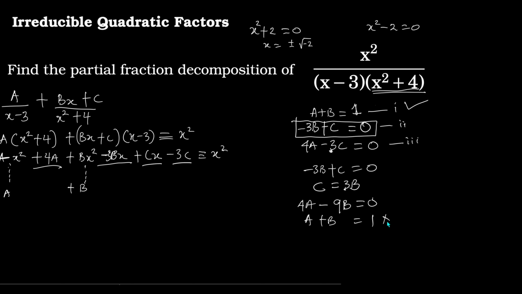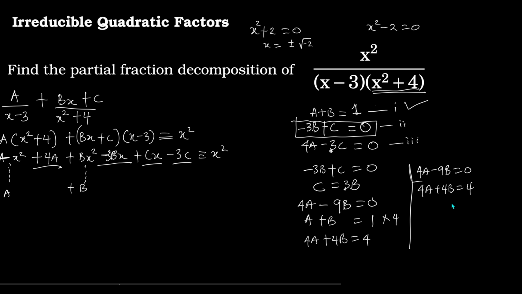So I can multiply this by 4. I have 4a plus 4b equals 4. So we have 4a minus 9b equals 0, and then 4a plus 4b equals 4.